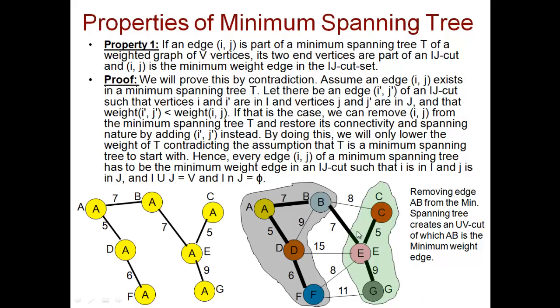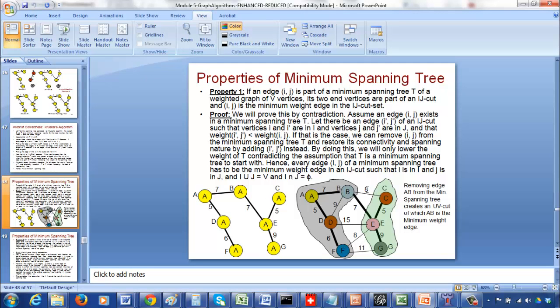So if we now say that this edge that connects the two components as part of this ij cut is not the minimum weight edge, then there should be some other edge, say this edge of weight 6, that could be used to connect these two components, and this edge is no longer needed, right? I could as well remove this edge and make this edge connect the two components. Is that clear?